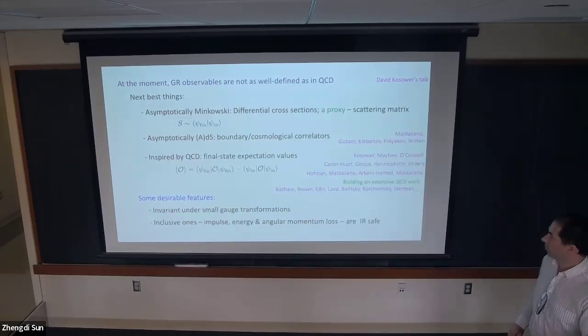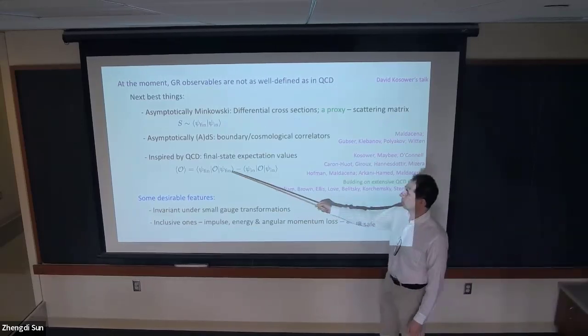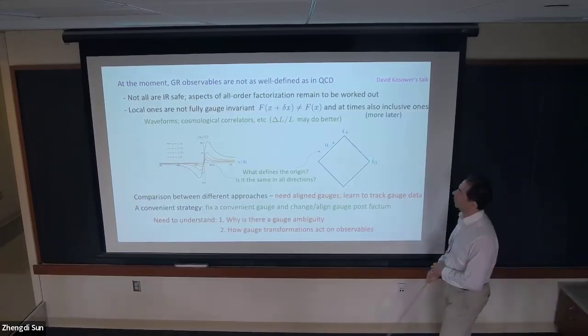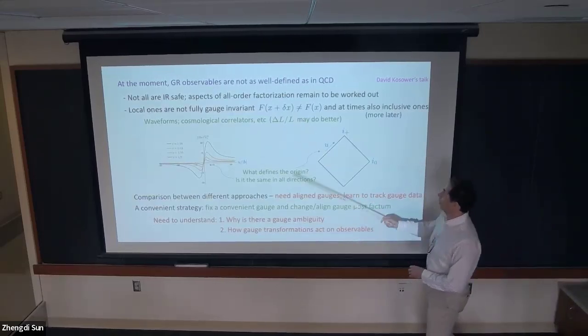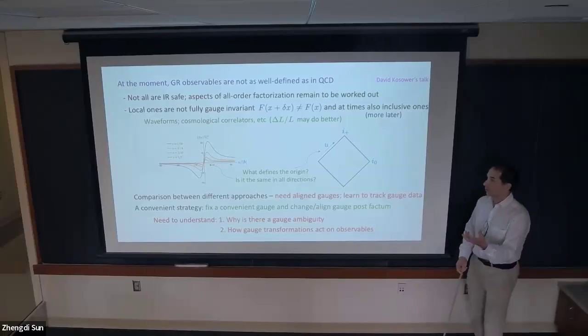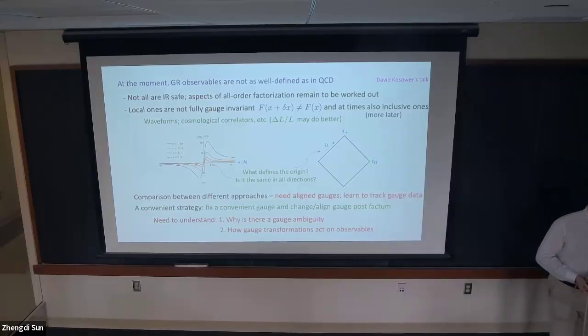And by local ones, I actually mean things that are computed this way. So imagine that here you want to measure a field, and you're measuring it here, but one of the gauge transformations of GR is shifting coordinates.